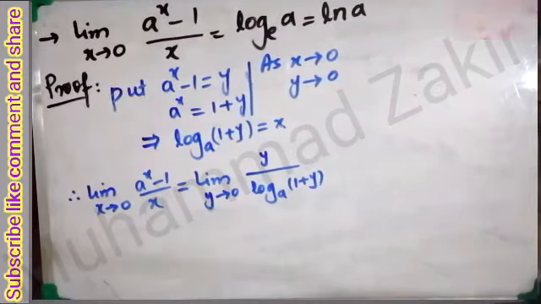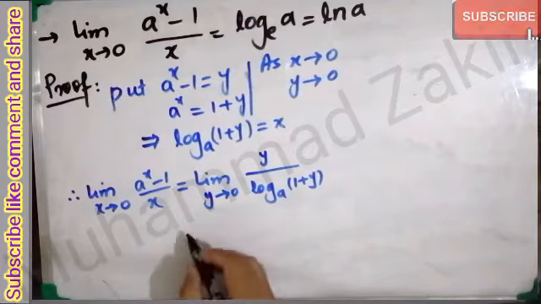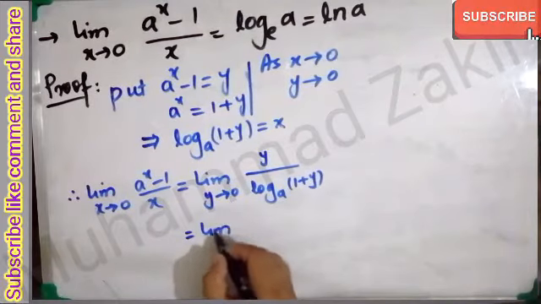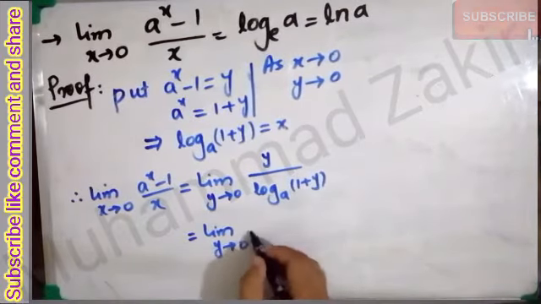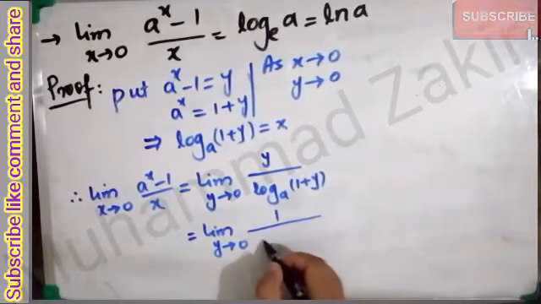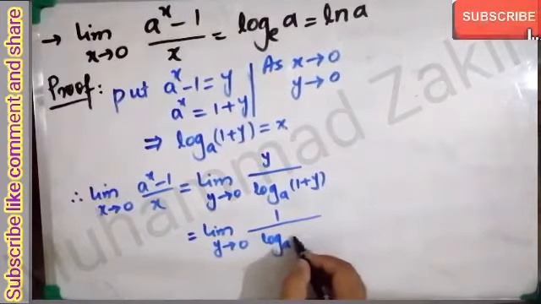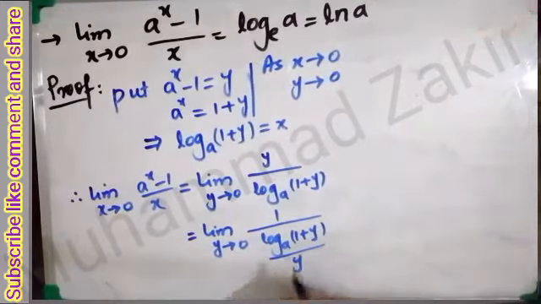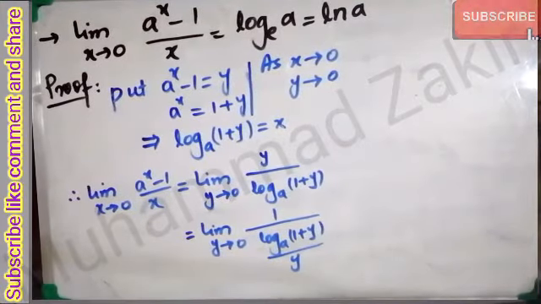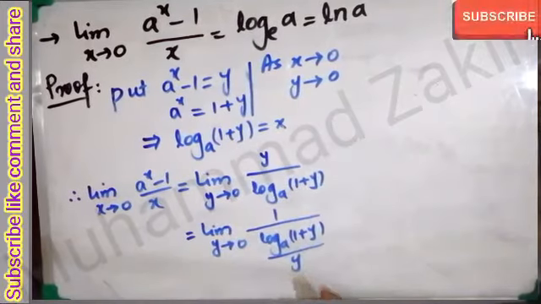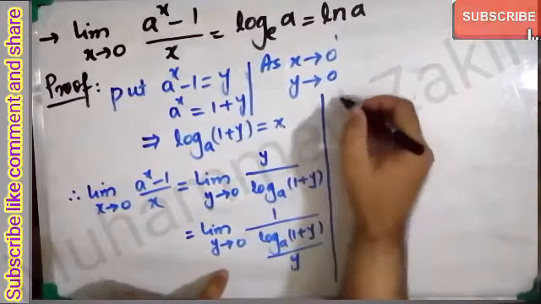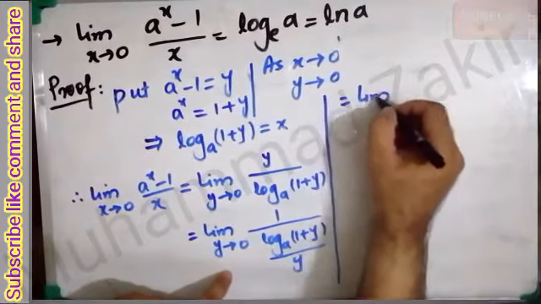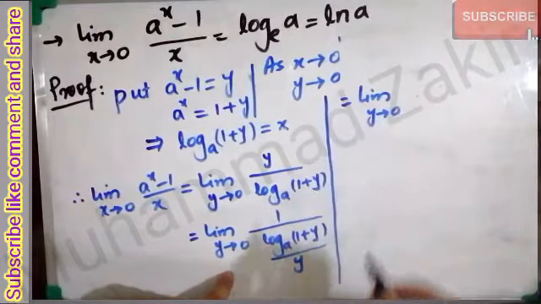Students, this can be written as limit y approaches 0 of 1 by log to the base a of 1 plus y divided by y. From the first place to the third, y has been shifted, and then we have limit y approaches 0.